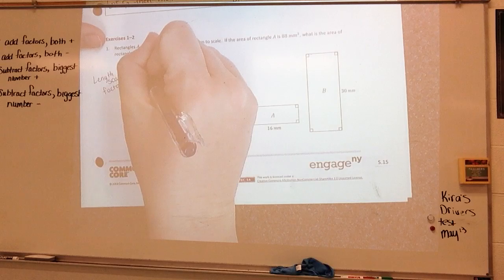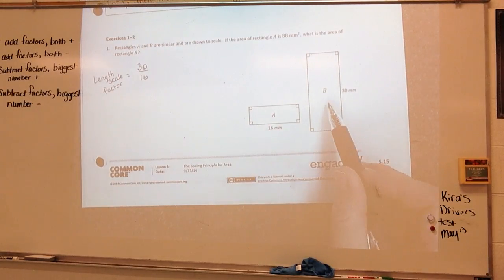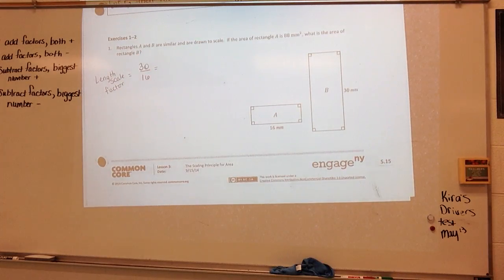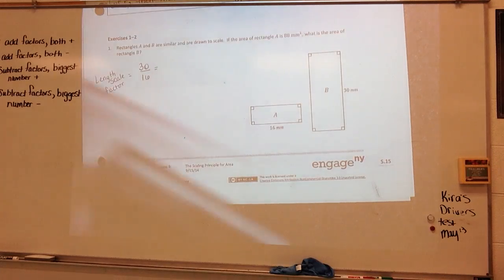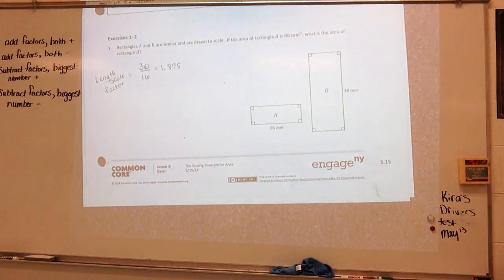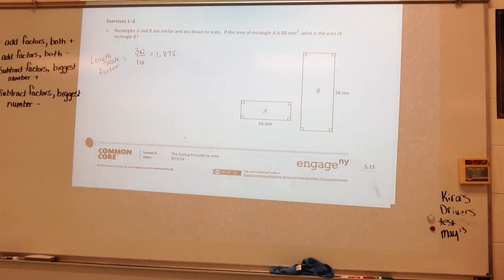I'm going to take my dilated over my original, because I went from 16 millimeters to 30 millimeters. 30 divided by 16 is 1.875. So that is my scale factor. That is what I've done to everything.